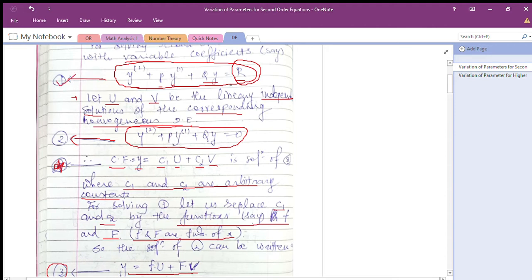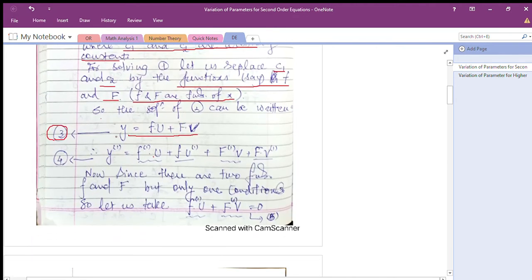That means if we put the values of y, y' and y'', then it equals r. Let us first find y', the first derivative of y with respect to x.